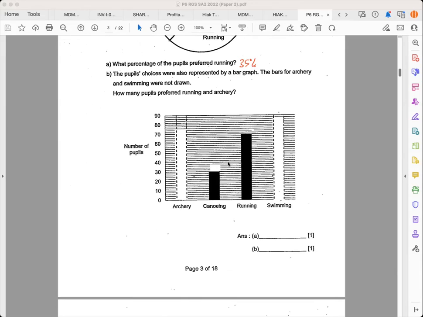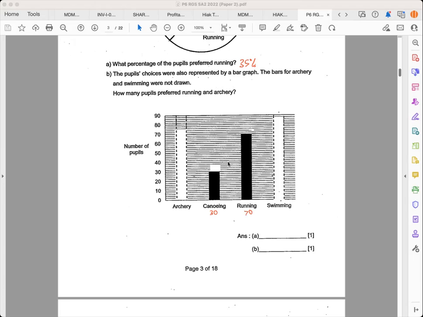Now, if you look at the diagram, use your ruler and extend it to your left side. You will notice canoe stops at 30. Running has a mark at 70.